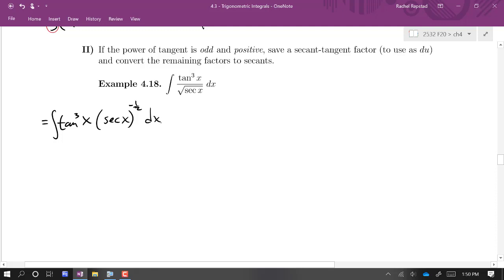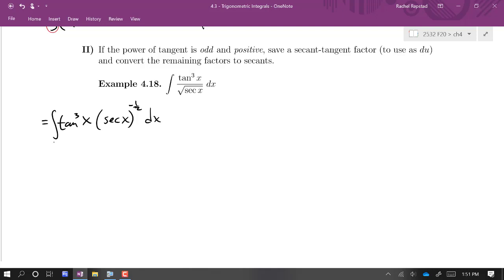And we're going to save a secant tangent factor. Maybe you're scratching your head because we have a negative power on secant, but that's fine. We're just going to use the rules of exponents. Secant to the negative 1/2 is equal to secant to the first power times secant to the negative 3/2. That's how we're going to make this work.